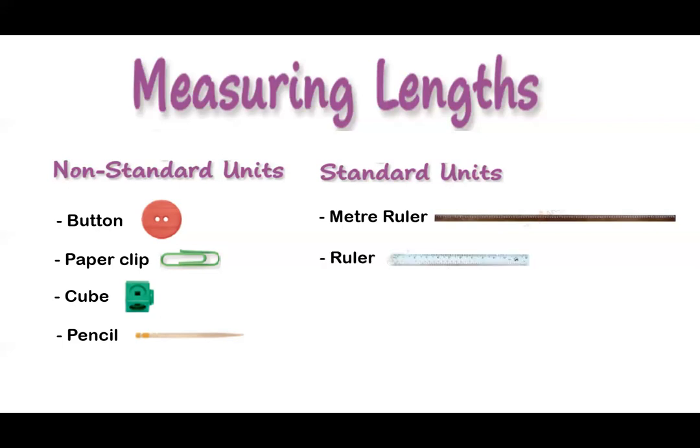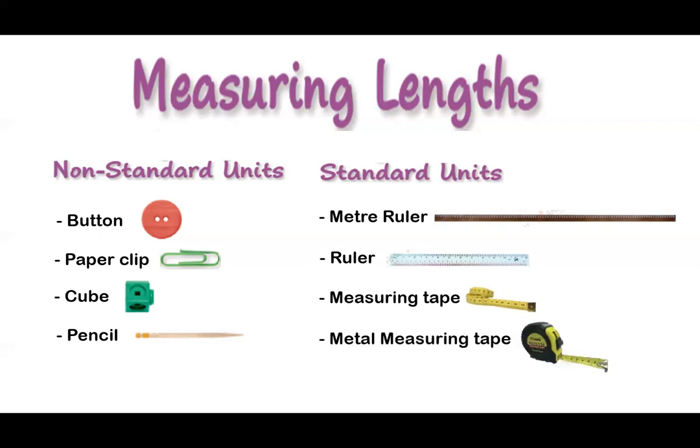We can use a ruler, and we get the length in centimeters or millimeters. We can use measuring tape, or metal measuring tape. We are going to see how to use all of these tools. But for now, we are going to focus on using non-standard units.